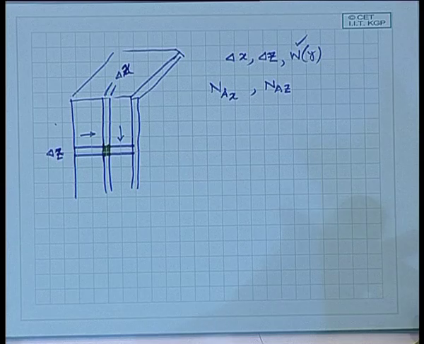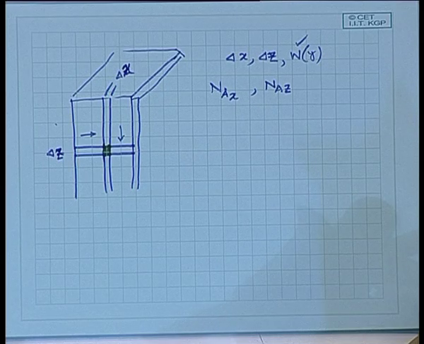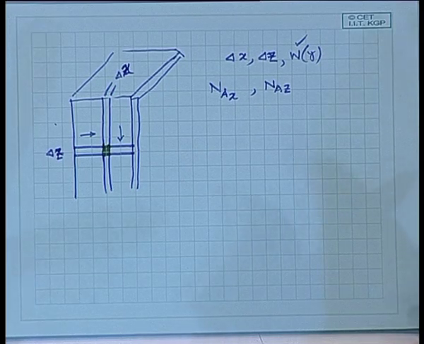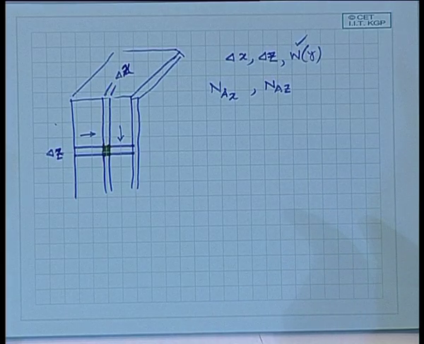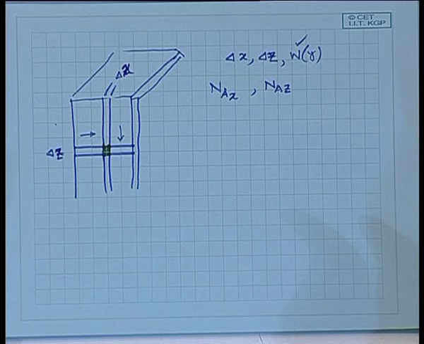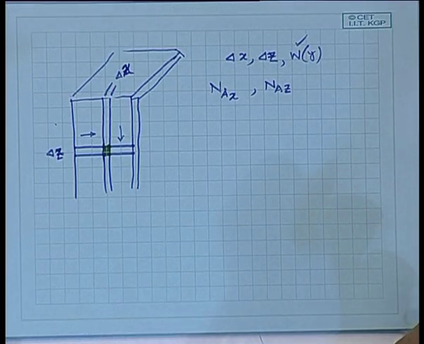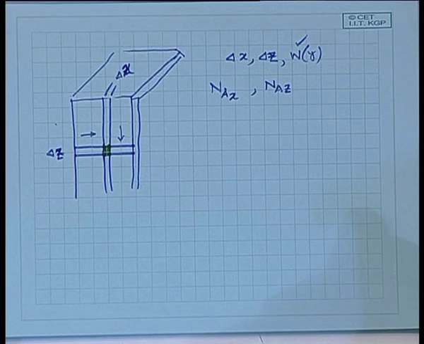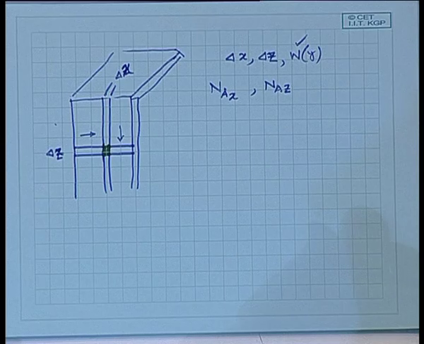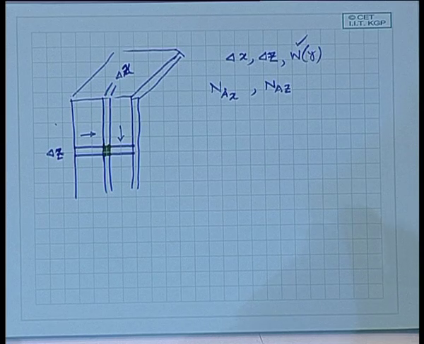Now, if you write the in and out in the x direction, which is the area that it is going to encounter for the flux N_Ax, which is the area? Delta z times w. Okay. The N_Az is going to encounter an area of delta x and w.